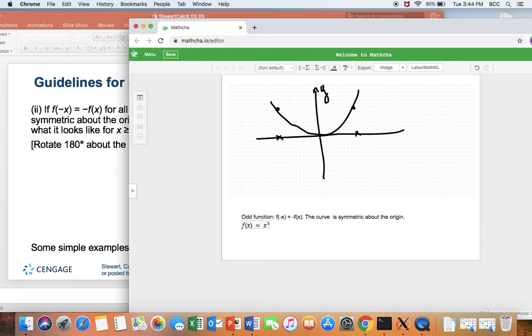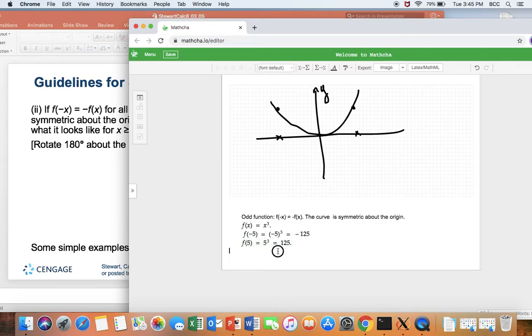This is an example of an odd function because, say, f of negative 5 is negative 5 to the power 3, which is negative times negative times negative, negative 125. On the other hand, if I look at f of positive 5, it is 5 to the power 3, that is 125.